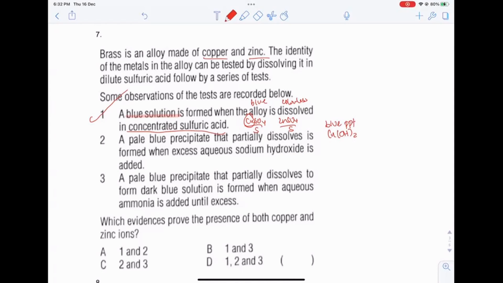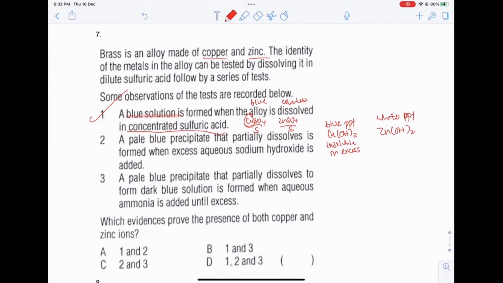Okay, and then what happens when we add a few drops? I'm talking about a few drops first. So zinc hydroxide is a white precipitate. Then later on, this is sodium hydroxide, so copper hydroxide is insoluble in excess. So it remains as a precipitate.